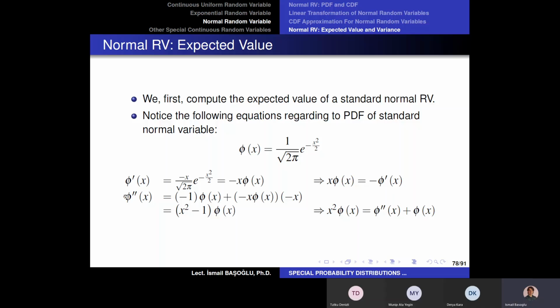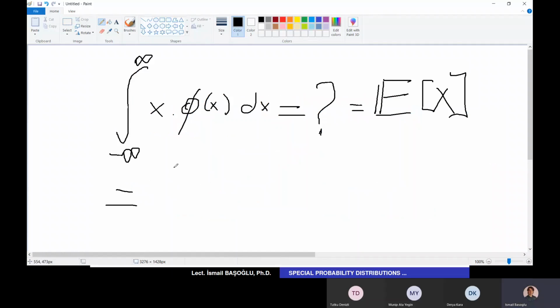So let us check that if the first derivative is equal to minus x times phi of x, then x times phi of x will be equal to minus the first derivative of phi of x. According to this result, x times phi of x is equal to minus the first derivative of phi, which means this integral is actually equal to minus the integral of the derivative of phi of x.